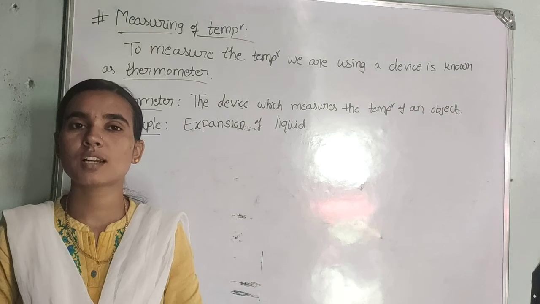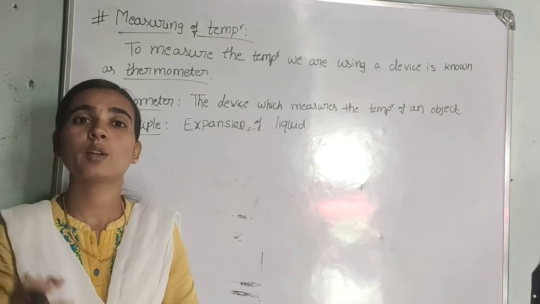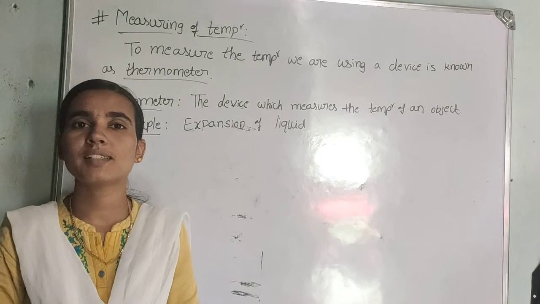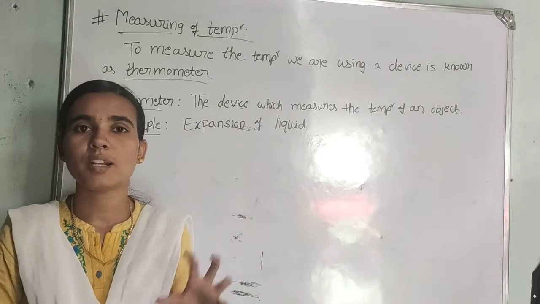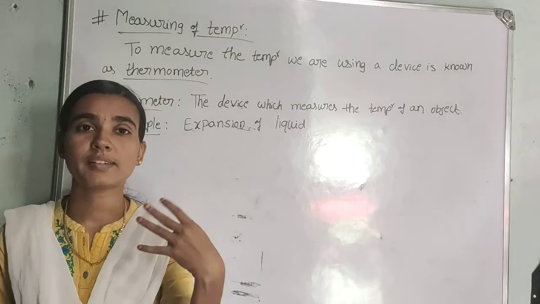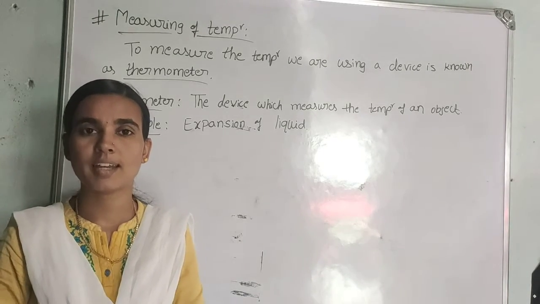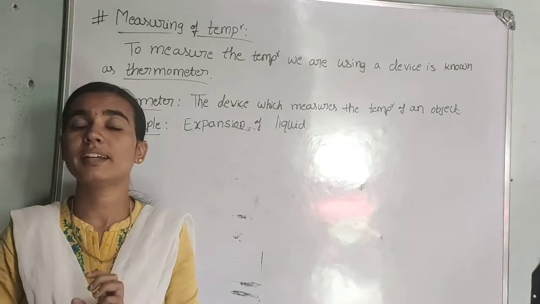I will give a simple example. You can consider the iron box. For the iron box we are supplying the current, but that is converted into heat. That we are calling the principle of electric heat effect.